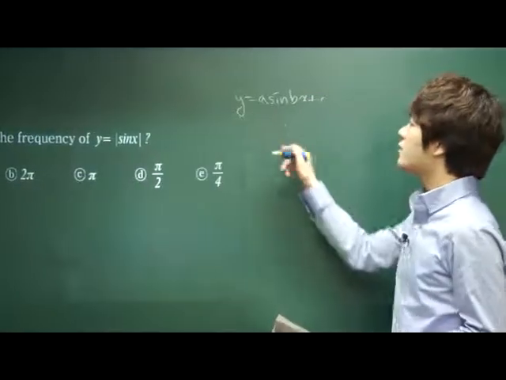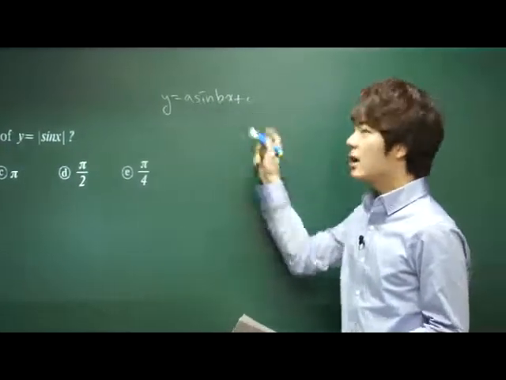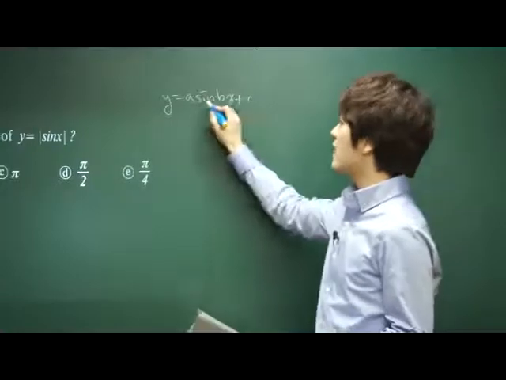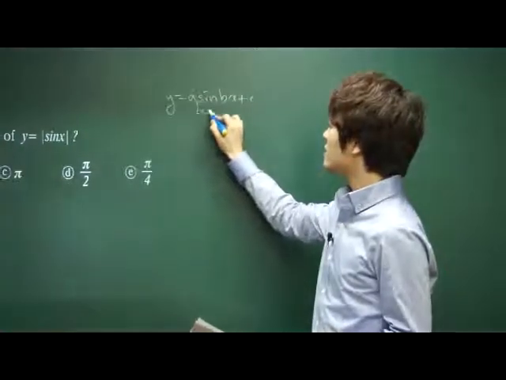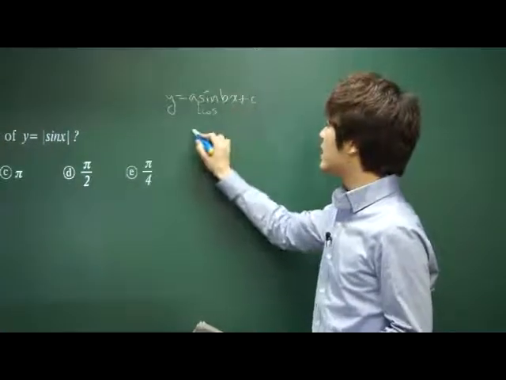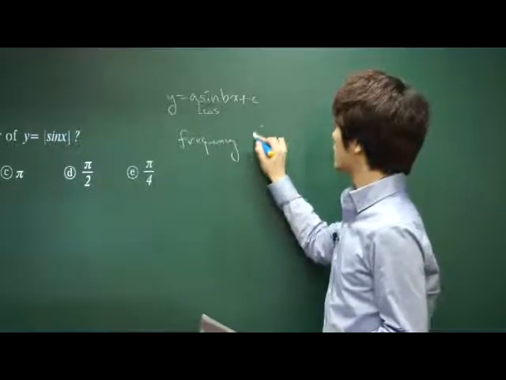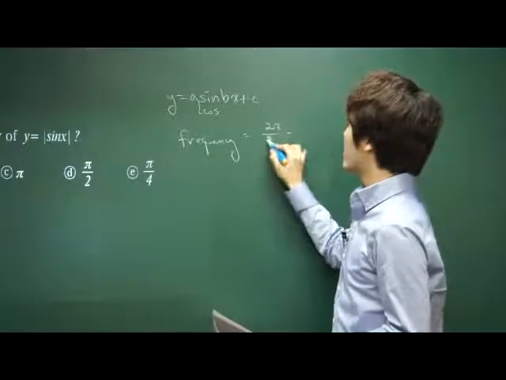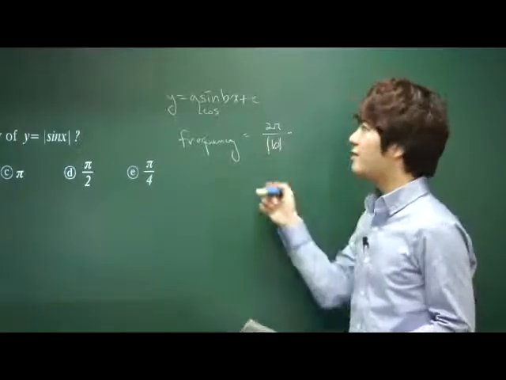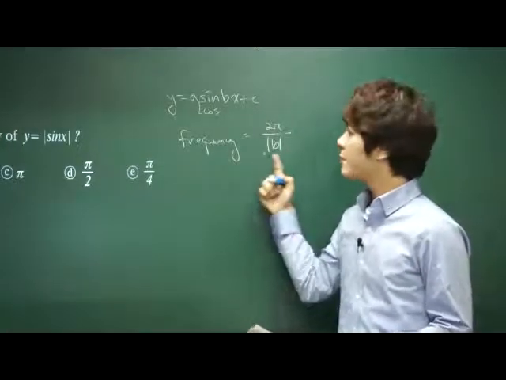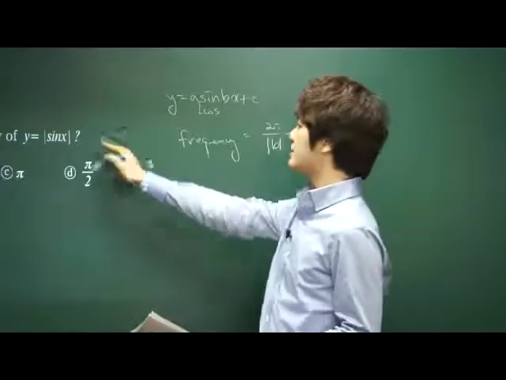In the case y equals a times sine bx plus c, the frequency of this kind of function, if it's sine or cosine, is 2 pi over absolute value of b. If you remember this, you will easily find this.